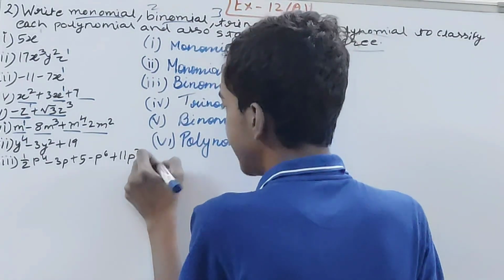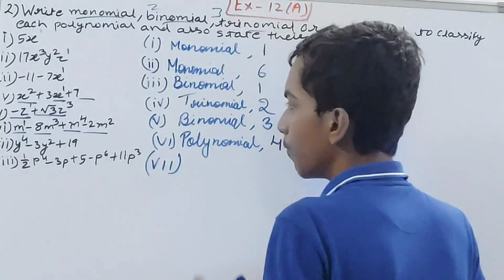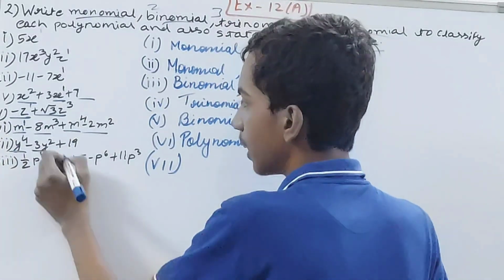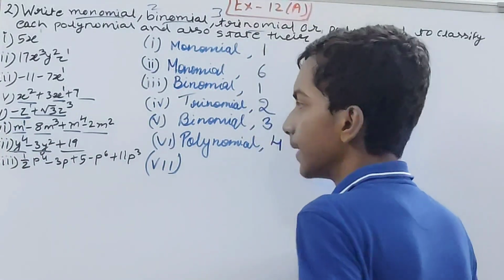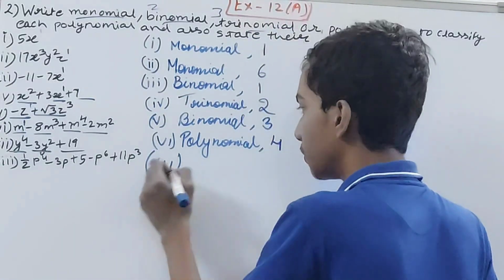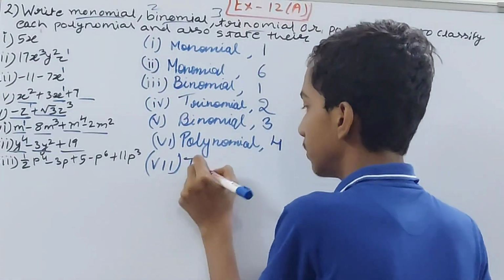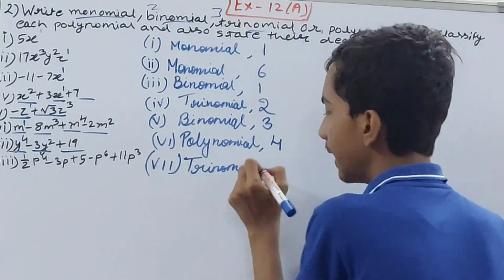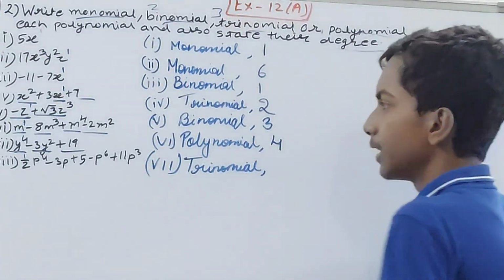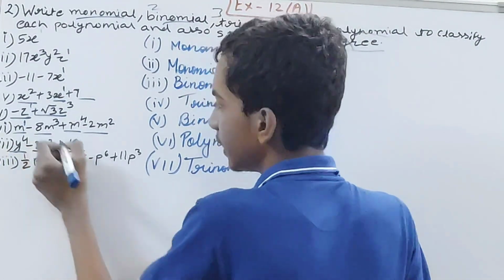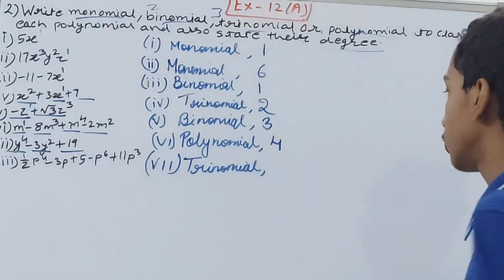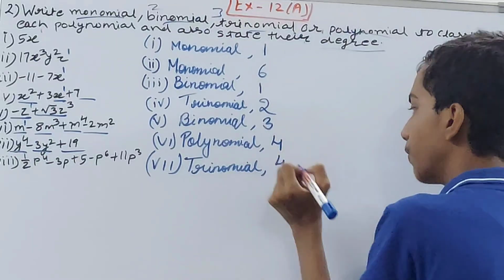Then the 7th part, you have y to the power 4, 1 part, minus 3y square, 1 part, plus 19, another part. So 3 terms in total. So this is a trinomial. And what will be the degree? Again, y to the power 4 and y square. y to the power 4 is greater, so your degree will become 4.